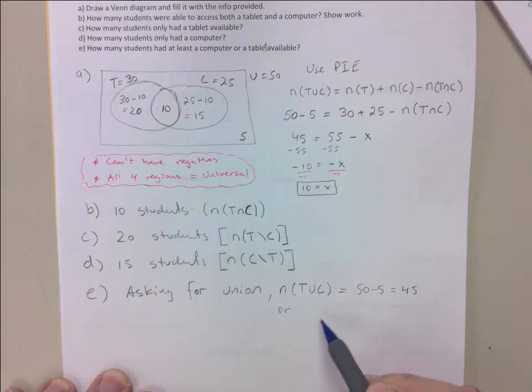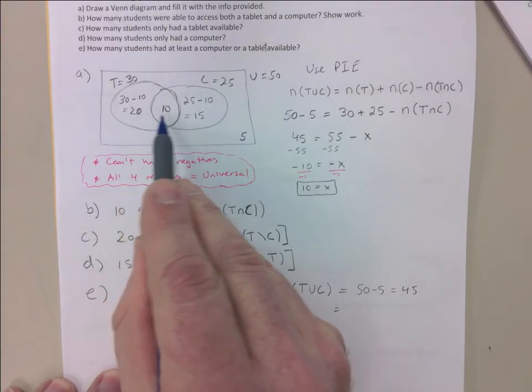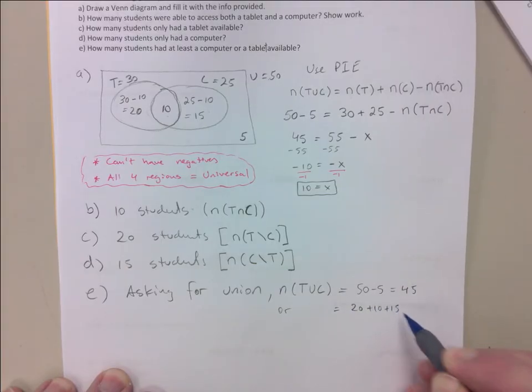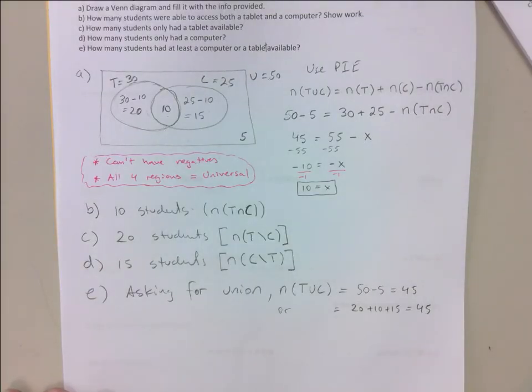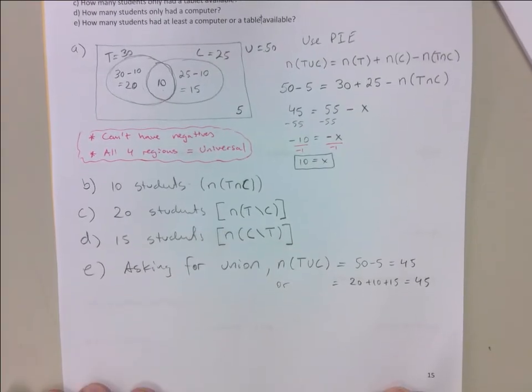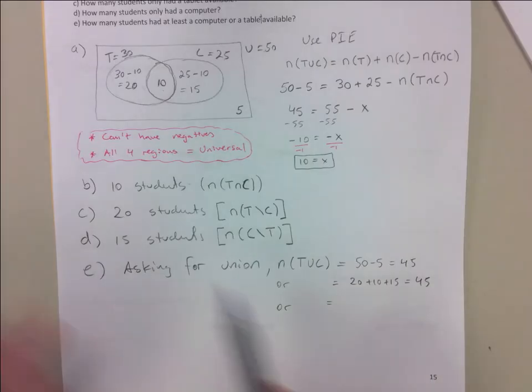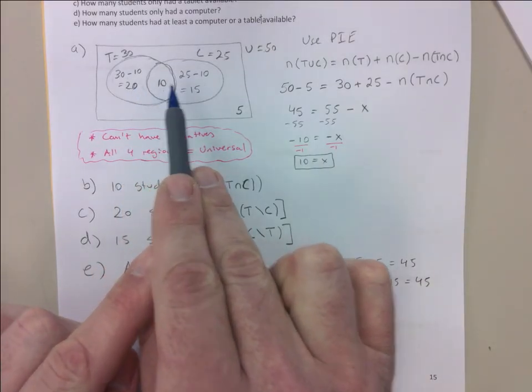Or we can say 20, 10, and 15. Or, this is annoying, Mr. Dixon. Don't give me too many options. Just give me one. Okay. Well, if you got the first one, you're good. 45 it is. But you can also get it by just adding every single one of these sections.